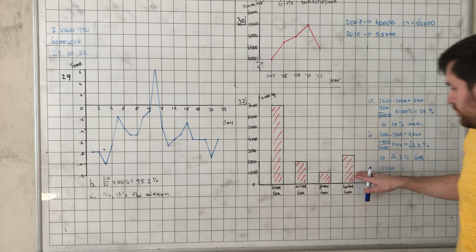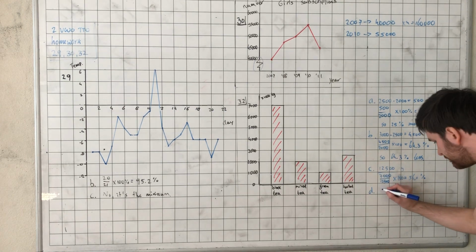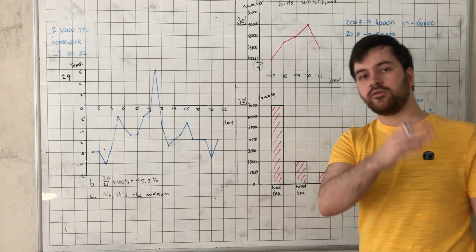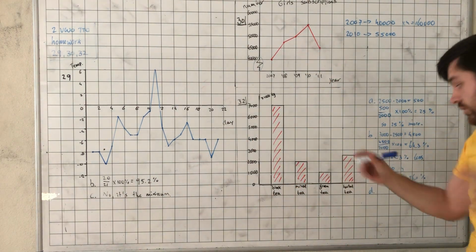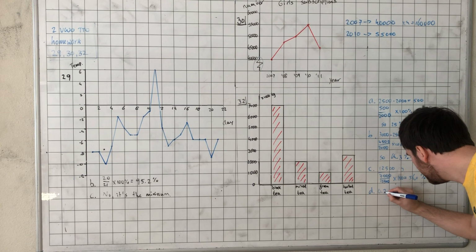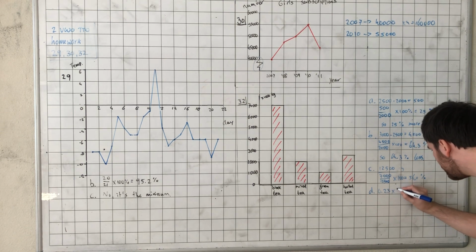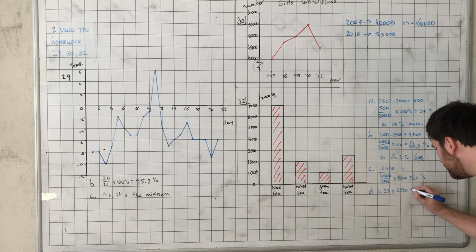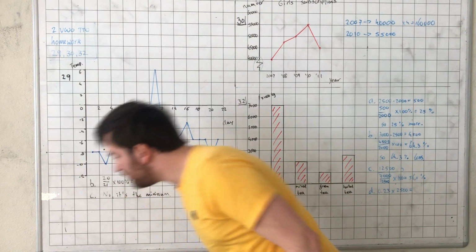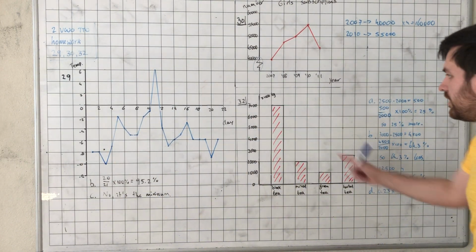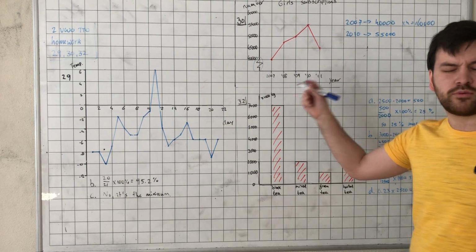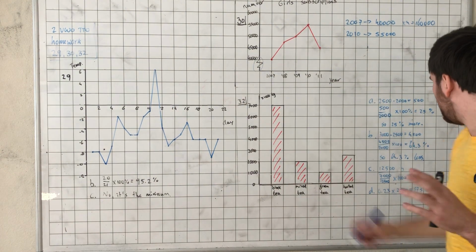So 23% of 2500, 23%, we can convert that to another decimal number. So 23% is 0.23 times 2,500. That is 575. But keep in mind, that's not the amount of kilograms because we have to multiply it with 1,000.